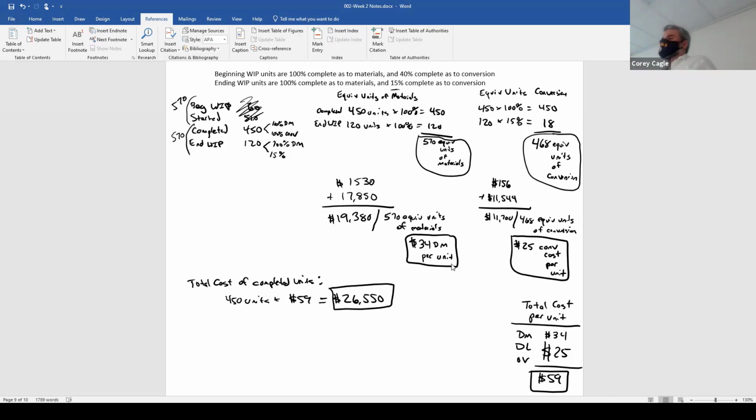And maybe the hardest question they can ask us, because it requires 2 steps: what is the total cost of these 120 units in ending work in process? Here's how you have to do that. All right, don't look over here where your step 1 stuff is. The trick to doing this is to look here.